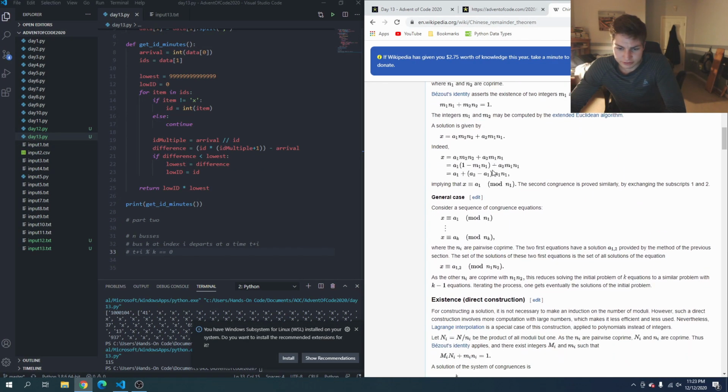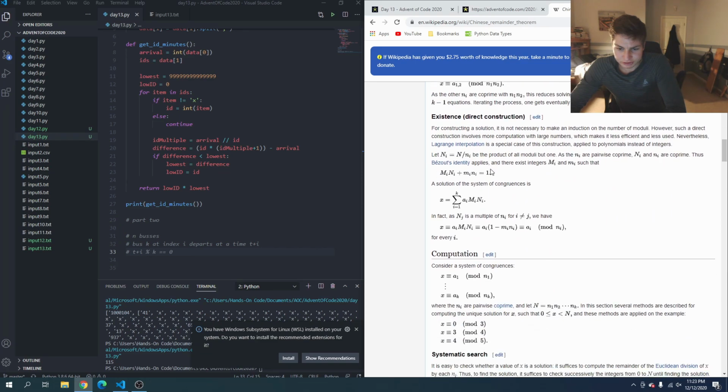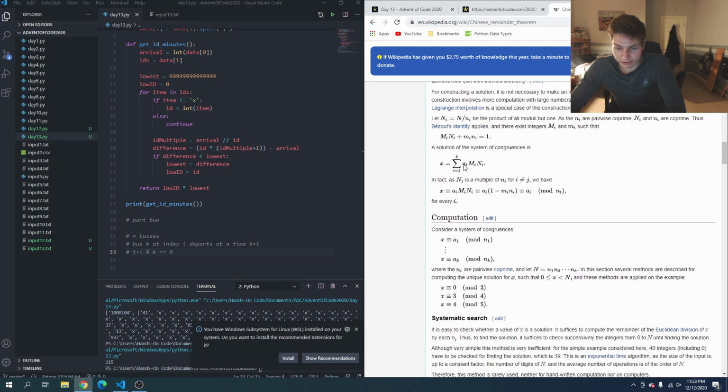So is that solution in here? Yes. Okay. So the solution, and I think this is the time that we're looking for, is going to be equal to the bus index. And what do we get here? n sub I is going to be equal to the product of all the bus IDs divided by a particular bus ID. And I'm guessing m sub I is the modular inverse mod the bus ID.